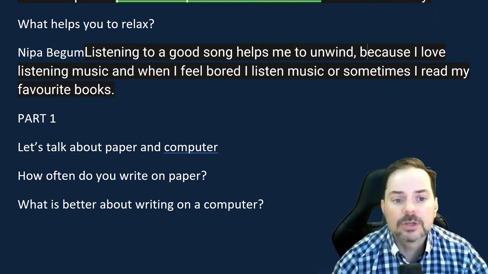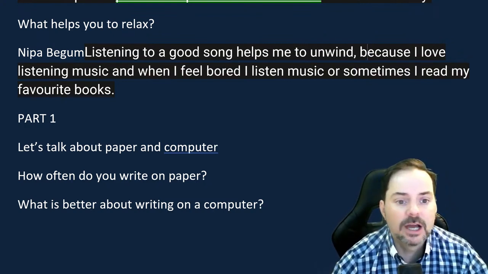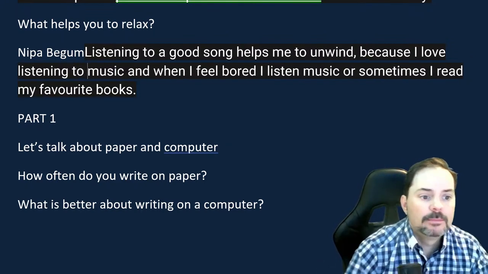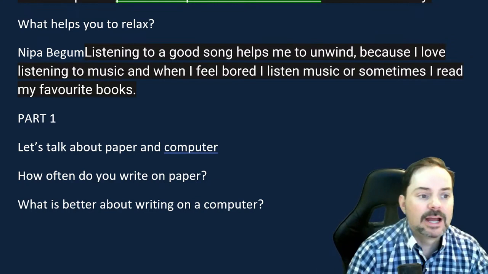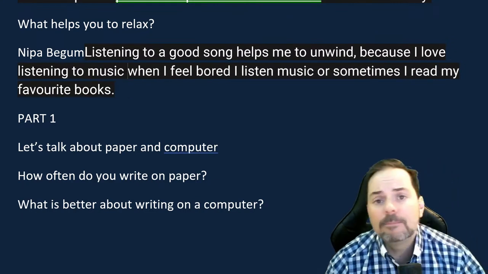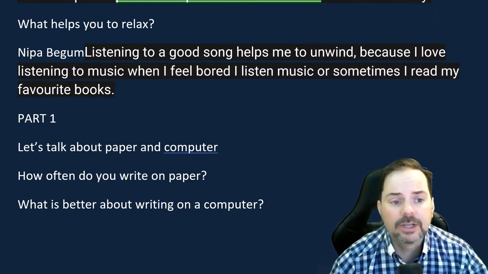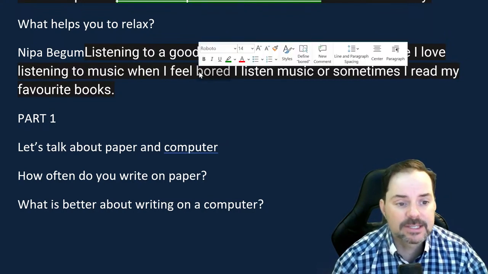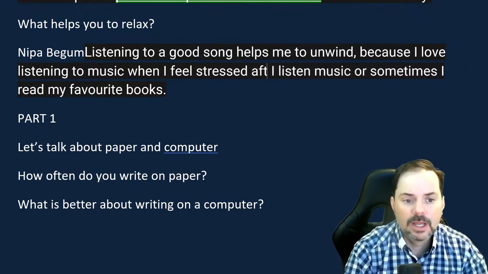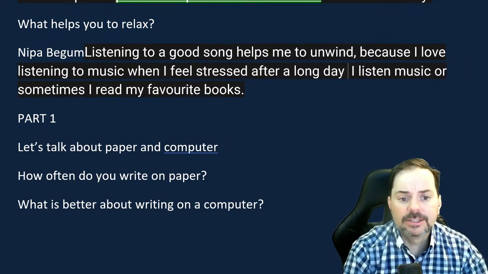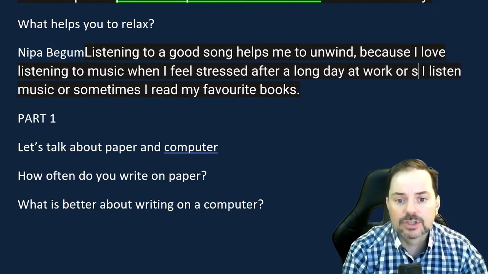So listening to a good song helps me to unwind because I love listening to music when I feel bored. Not bored, it's the wrong word here, Nipa. When I feel stressed after a long day at work or school.